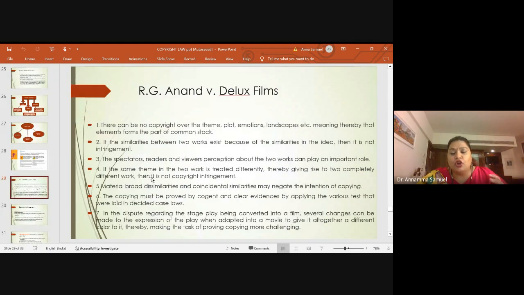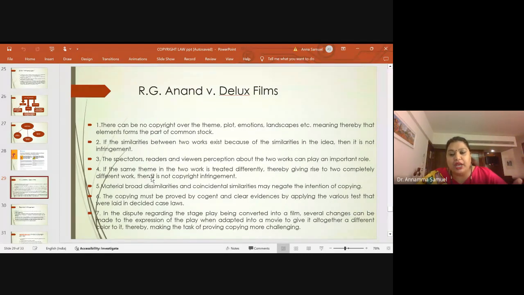Now, whenever we talk about substantial copying, we always take the R.G. Anand case, and there are certain principles laid down in this case which we consider in every case as guidelines. So there it says that there is no copyright for the theme or the plot.